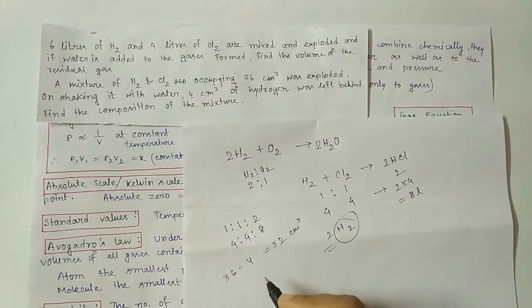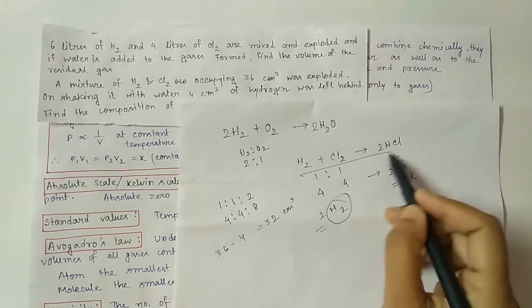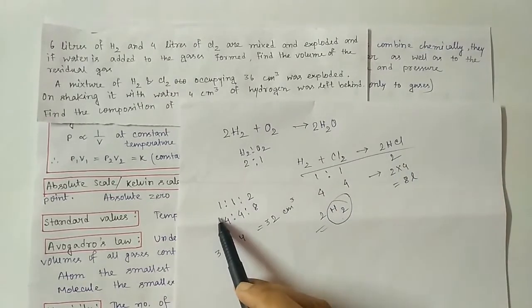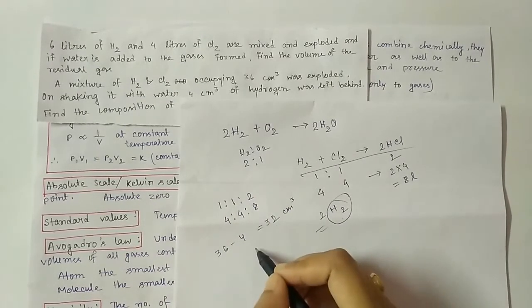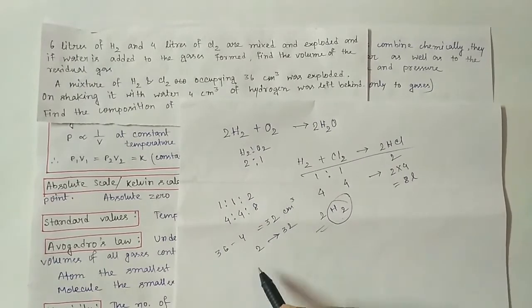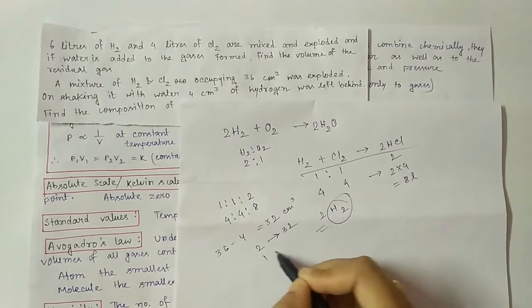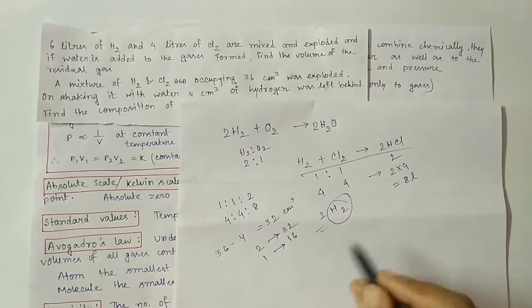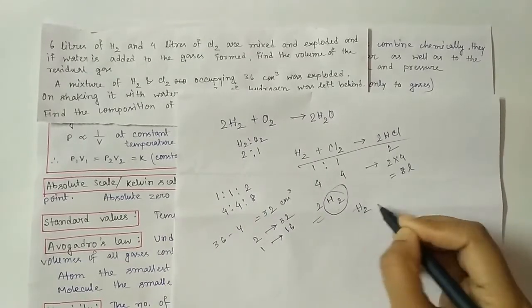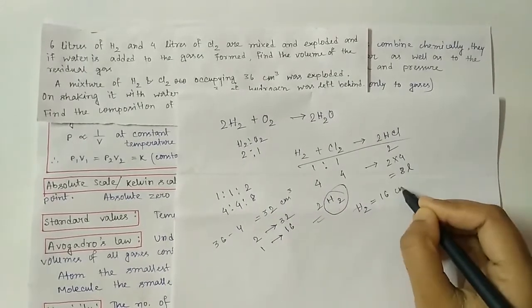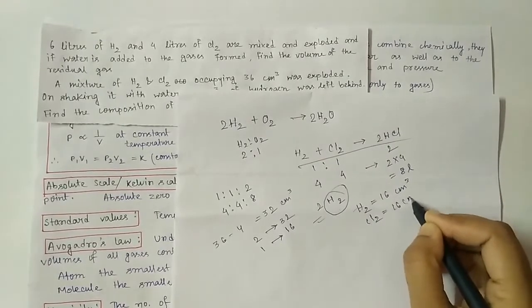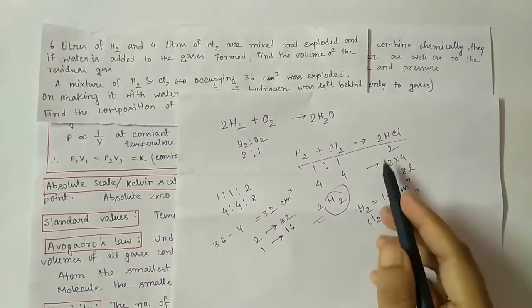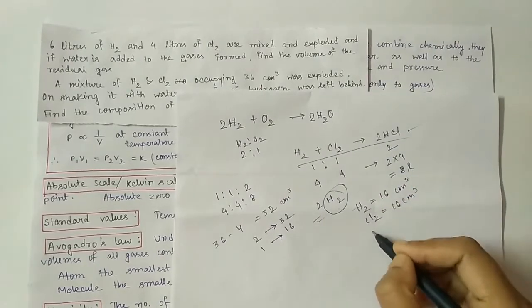And we know that in this reaction the ratio of all the reactants and products is 1:1:2. So 32 cm³ is the combination of hydrogen and chlorine. So here hydrogen gas will be 16 cm³. Similarly, chlorine gas will be 16 cm³. And thus your HCl will be what?